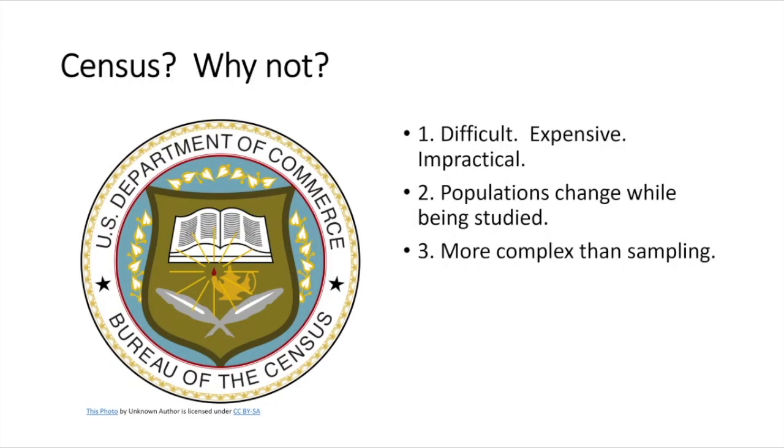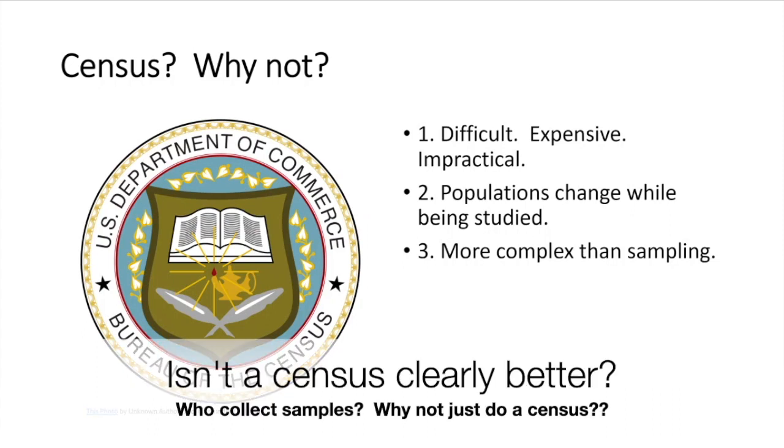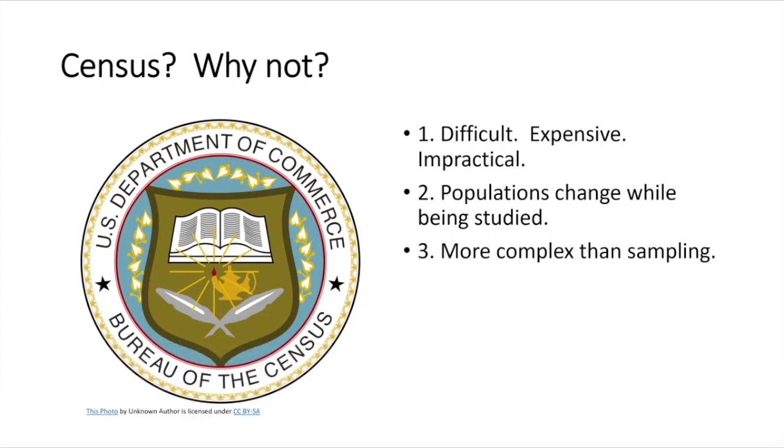A census is when you look at an entire population. You are attempting to ascertain information about every individual in the population. The United States attempts this once every 10 years. However, there's some reasons why companies, researchers, people in academia would not want to conduct a census. For one thing, it's difficult. It is an expensive proposition. You have to send people, usually researchers.